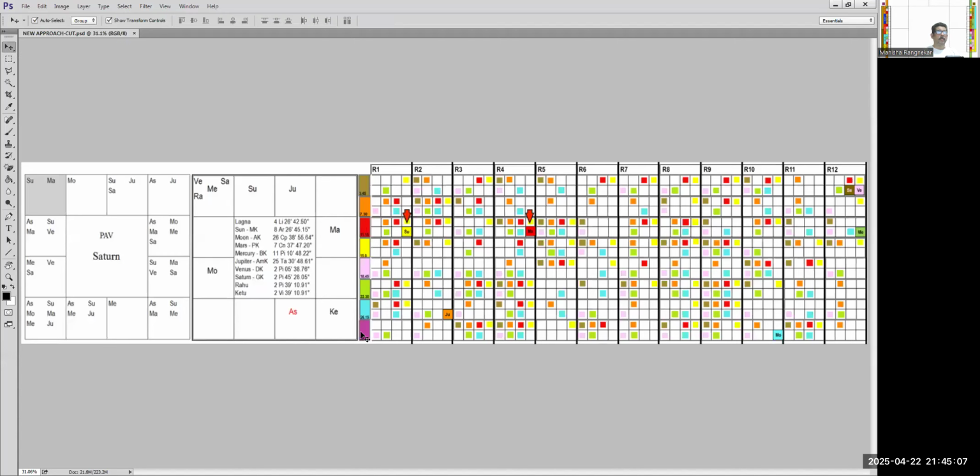So basically, this right hand side, what you see is what will finally be the output. These two charts I've put over here just to supplement what I'm saying. Okay.